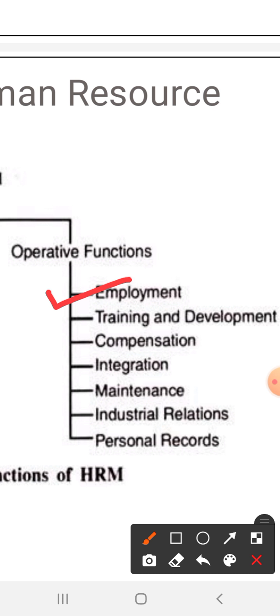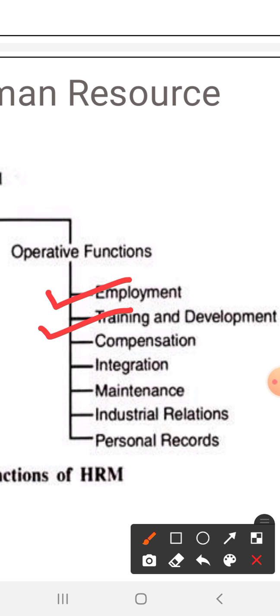Then we have the second one, training and development. When we are discussing training and development, it includes that as an organization, we must be able to provide training to the employees, because it is a process of imparting to the employees the technical and operating skills and knowledge, so that they are able to do their work in an efficient manner.